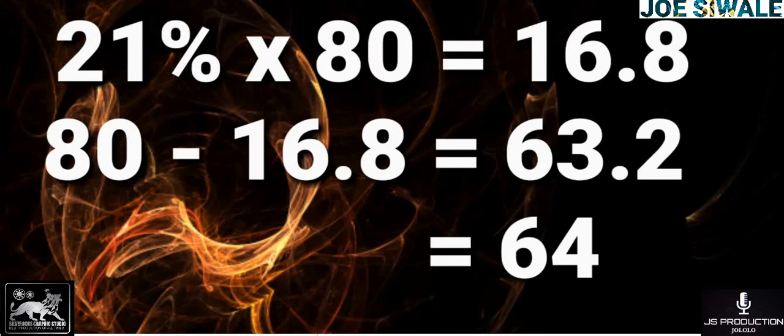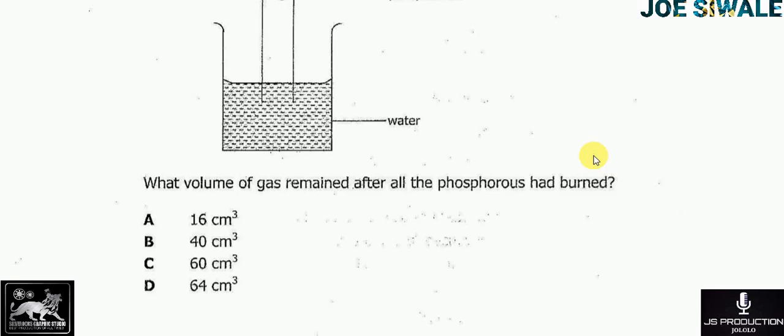My answer is 63.2 cubic centimeters. And the answer that is close to 63.2 cubic centimeters, that would be my answer. A, I have 16 cubic centimeters, B, 40, C, 60, D, 64 cubic centimeters. So I'll get D, which is 64 cubic centimeters.